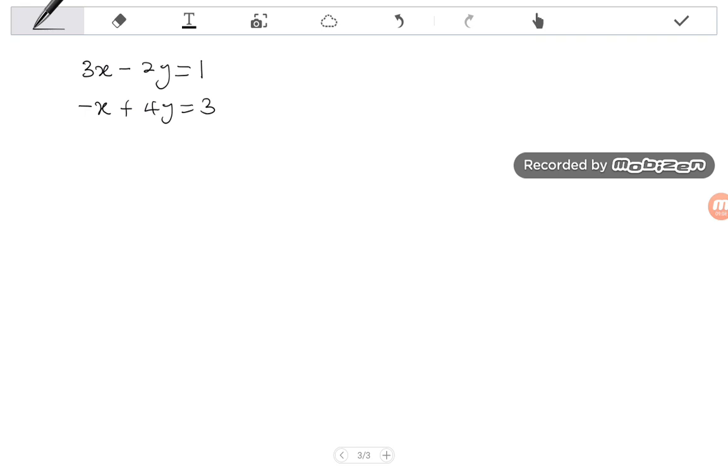Now to be able to get a solution to this system without using the graphical or the substitution or the elimination method, and we want to use inverse of matrices, first of all we need to make sure that all our variables are in line. Okay, so in the first equation x is the first variable followed by the y, and in the second equation x is the first variable followed by the y, so it means you don't need to do any rearrangement here.